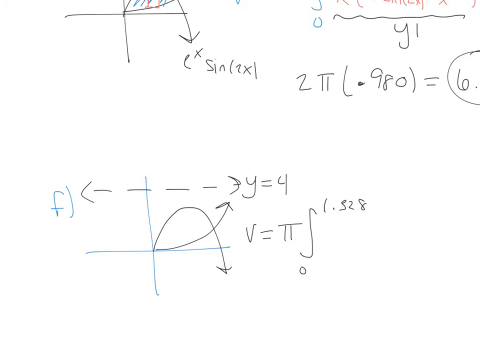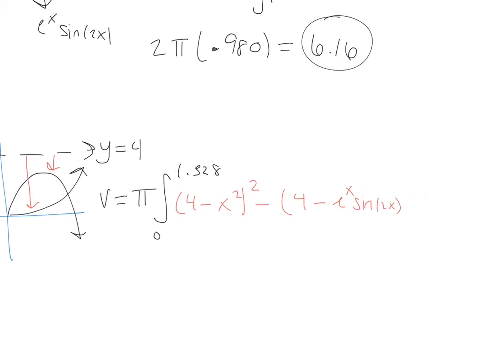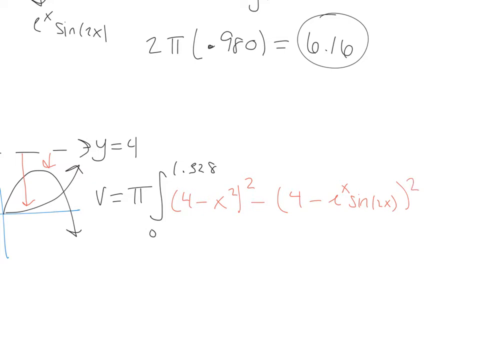And I need the distance from my axis of rotation to the farther away curve. This is going to be 4 minus x squared minus, to here, which is 4 minus e to the x sine of 2x squared dx.